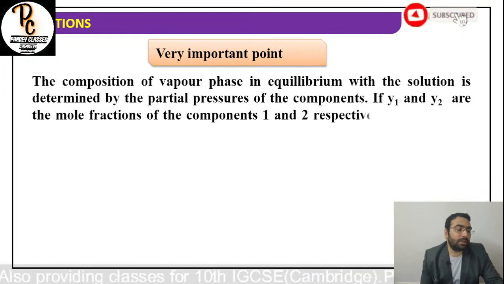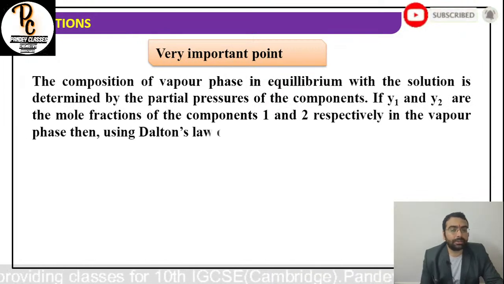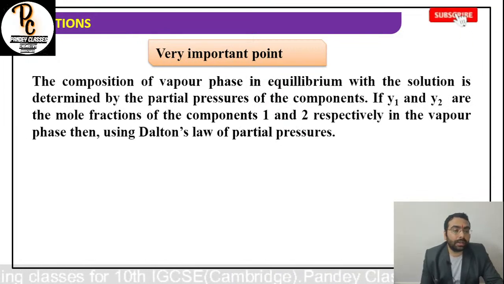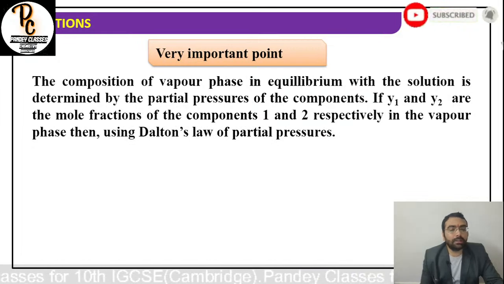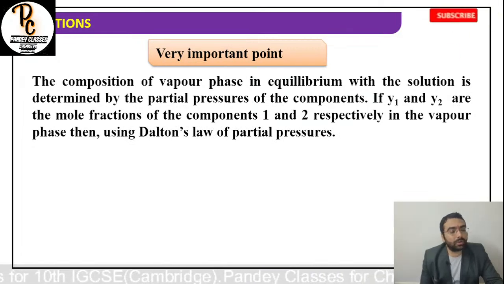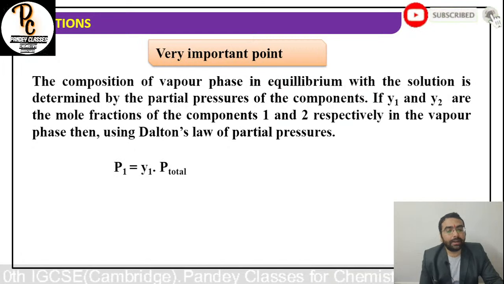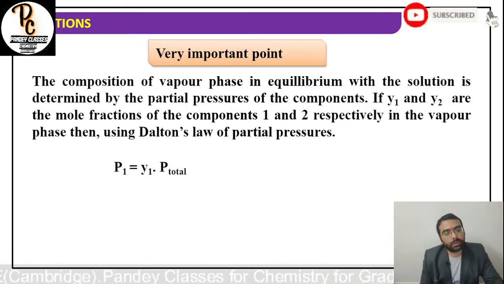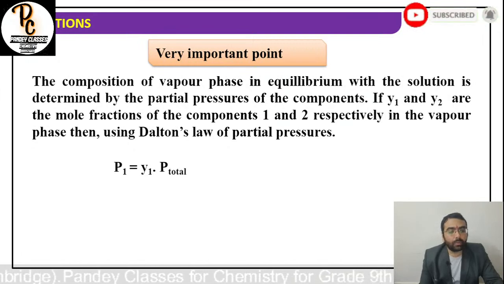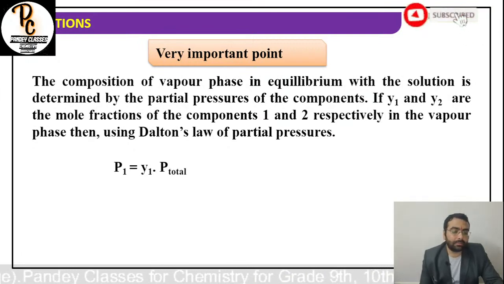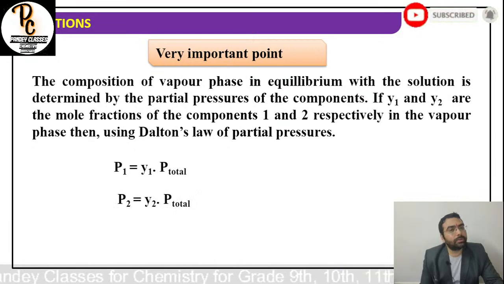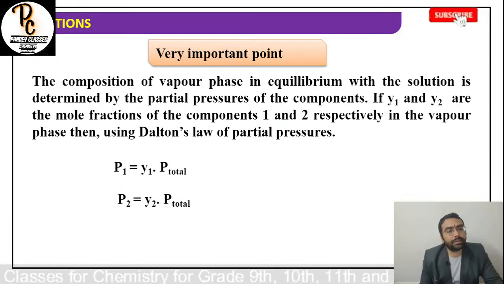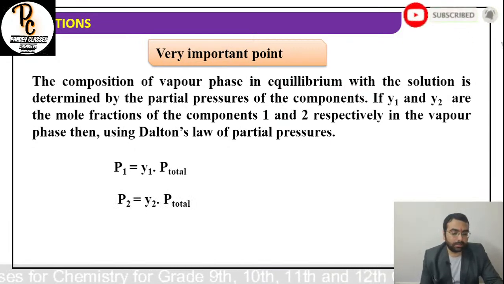If Y1 and Y2 are the mole fractions of components 1 and 2 respectively in the vapor phase, then using Dalton's law, P1 equals Y1 into P total, where Y1 is the mole fraction, and P2 equals Y2 into P total.